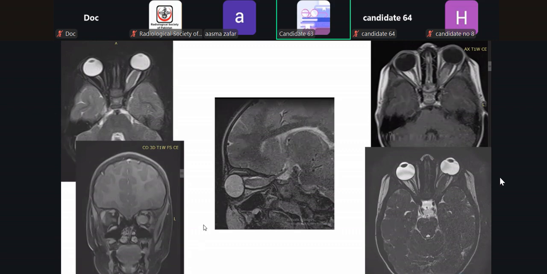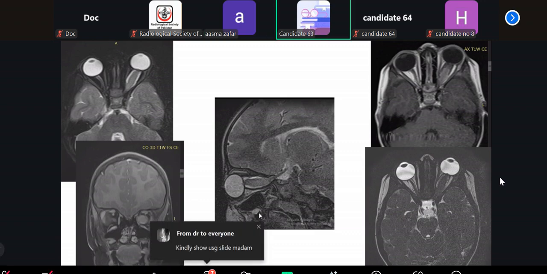NF2. No, NF1. It's a child. Another differentiating point is that optic nerve glioma widens the optic canal. So she did not have any. Which sequence is this? This is T2 fat sat.